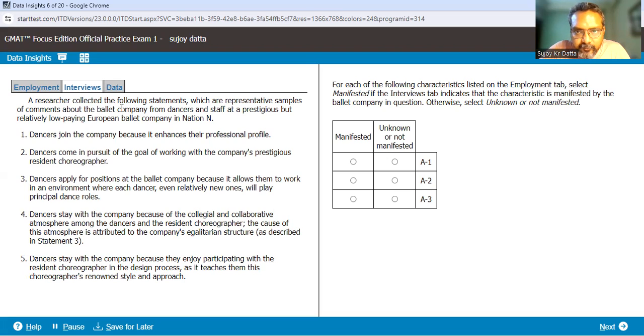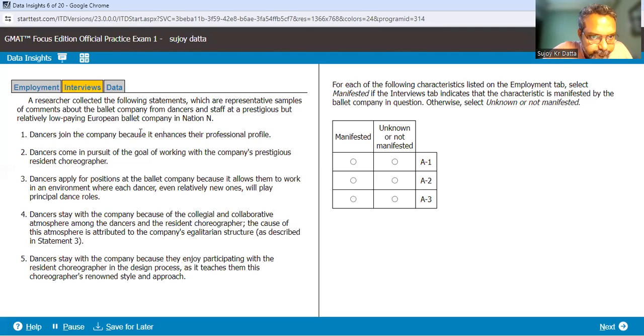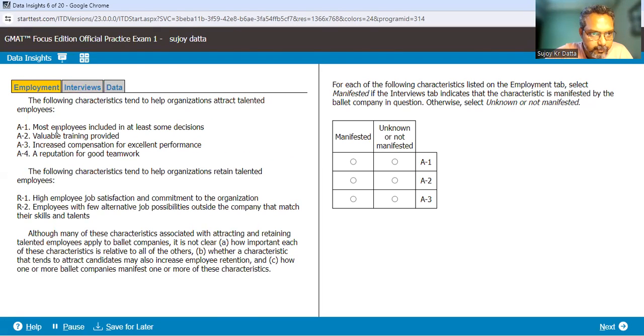Employment tab. Select manifested if the interview tab indicates that the characteristic is manifested by the company in question. Otherwise, select unknown. Okay. A1, including at least some decisions. Okay. If they're having principal dance roles, then they have been given, yes.